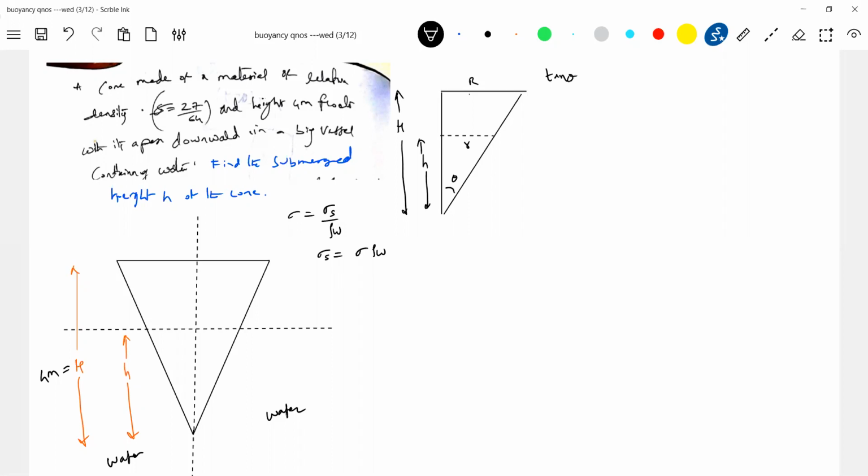Tan theta equals small r by h, where r is equal to this one. So what are the forces? Buoyant force will act here. Then the weight.